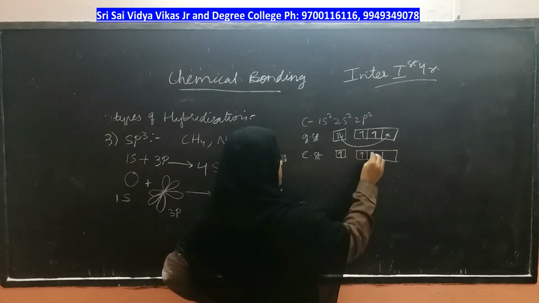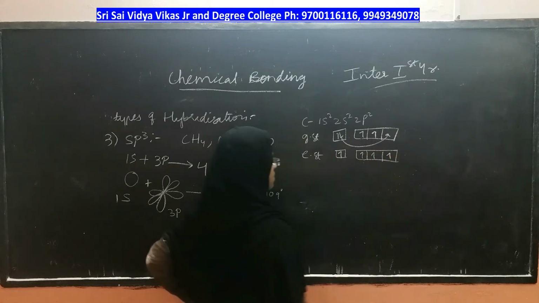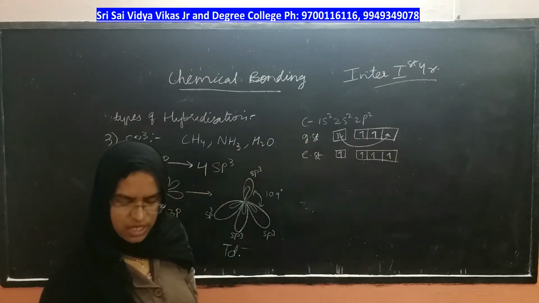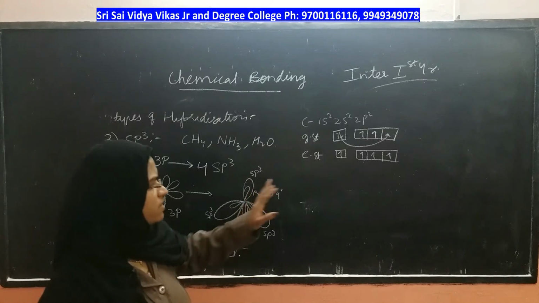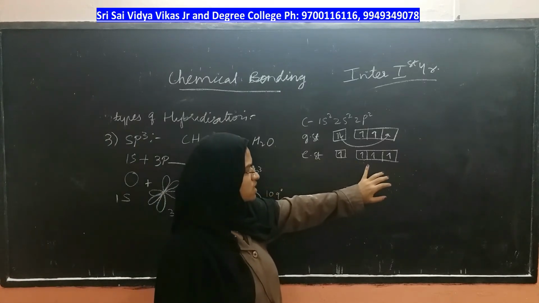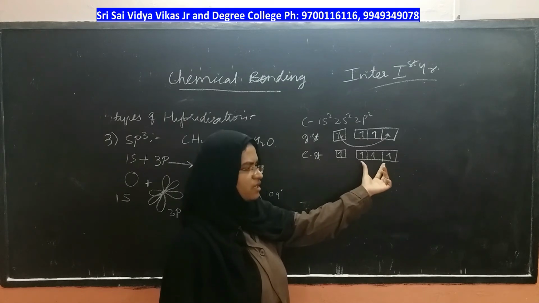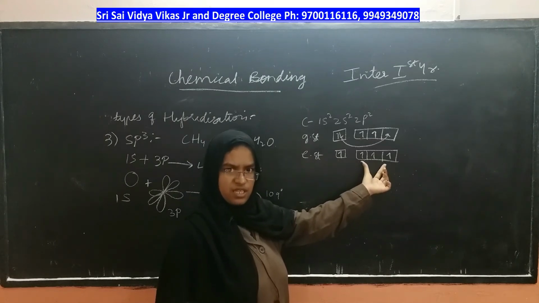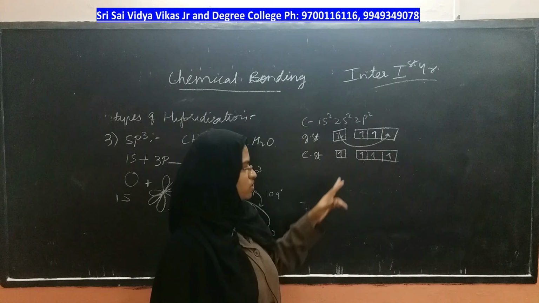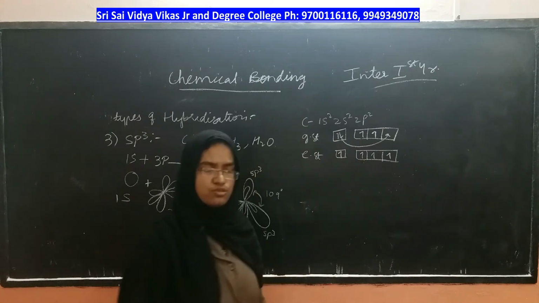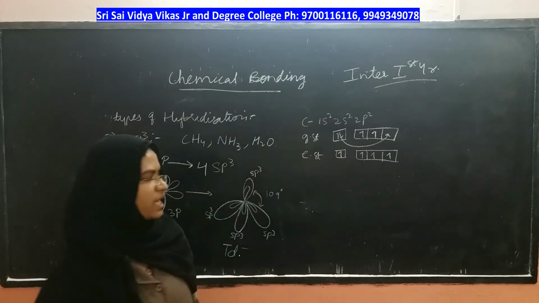One electron here, one electron here, one electron here and another electron here. Total 4 orbitals are present, but even though everyone has one electron, the hydrogen that overlaps with this p will have a different bond strength than with the other 3, because it is different from these 3. So how to make all the 4 equal?